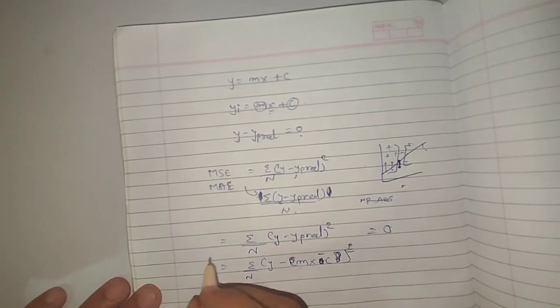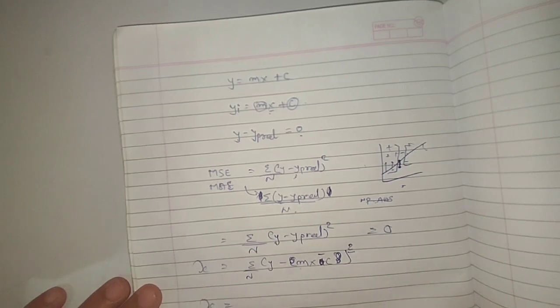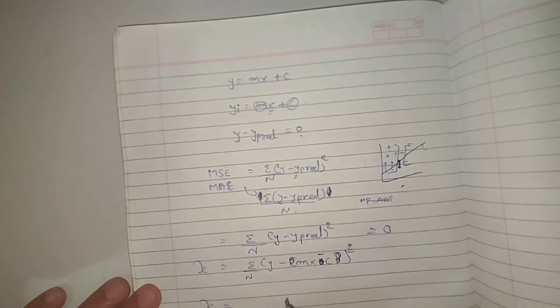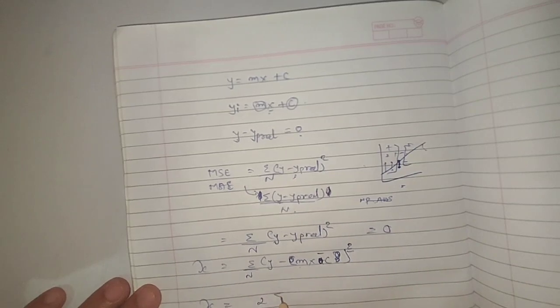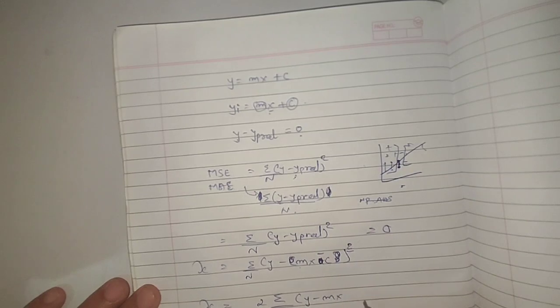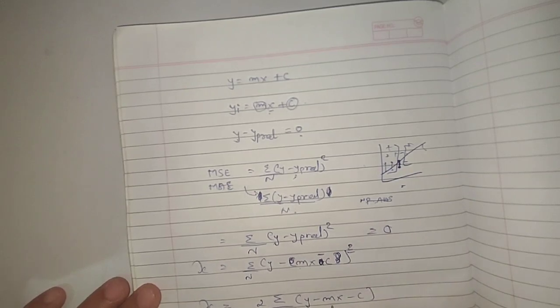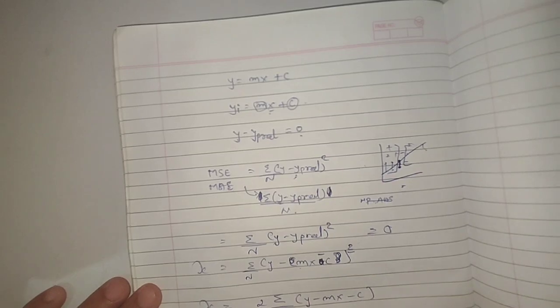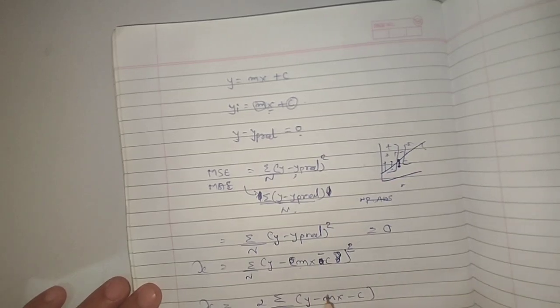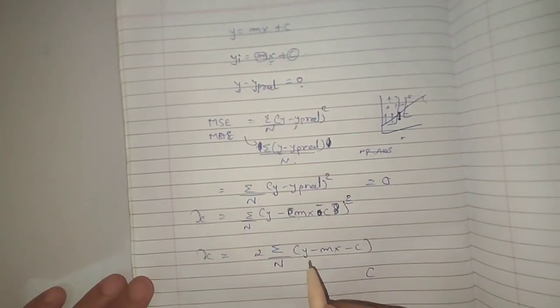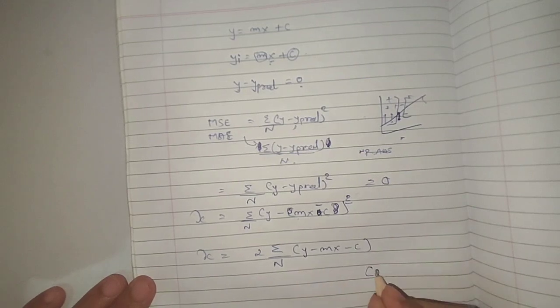All right, so let's just do it with respect to c. So what we will get: first there is 2, so 2 is going to be here, 2 sigma n, y minus mx minus c, right? So that's there. Now we want to look at the inside function. Is there a c? No, so 0.